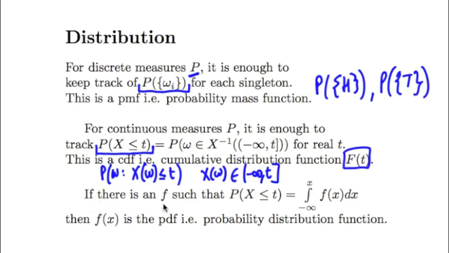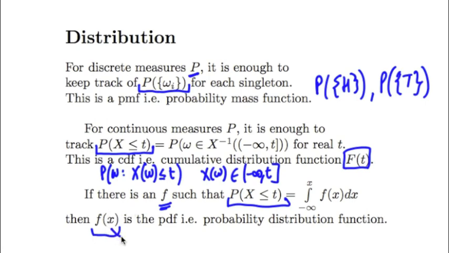Now, if there is a little f such that this probability X less than or equal to t can be written as the integral from minus infinity to t of f of x dx, then f of x is called the PDF, or the probability density function, of the random variable.